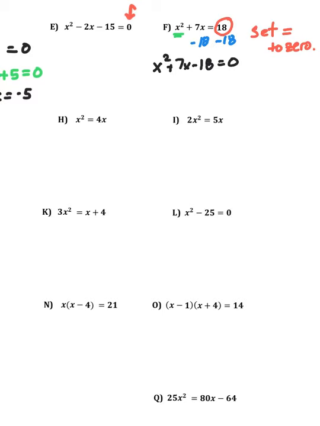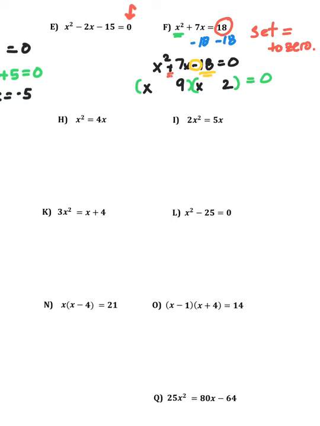Now this should look really familiar, right? Something times something is 0. What are those somethings? Well, x times x is going to give me the x squared. I'm looking for factors of 18 that are going to subtract to give me 7. My signs are going to be different, right? So 9 and 2 are going to be my factors, and I need to end up at a +7.